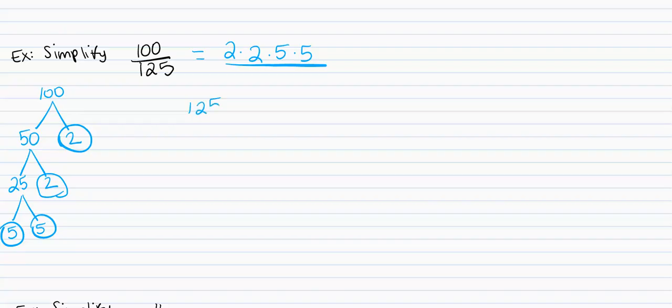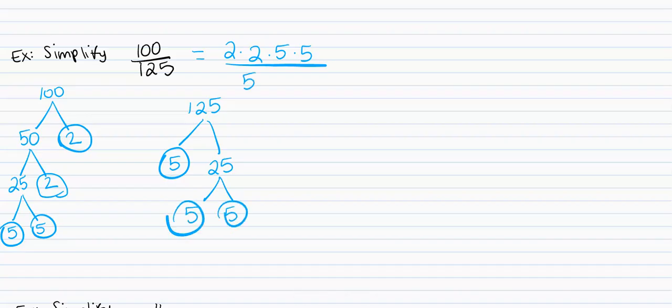Doing the same thing for 125, I can break down 125 into 5 times 25. 5 is prime, so we circle that, but 25 can be broken down to be 5 and 5.